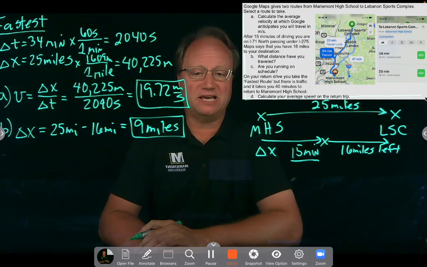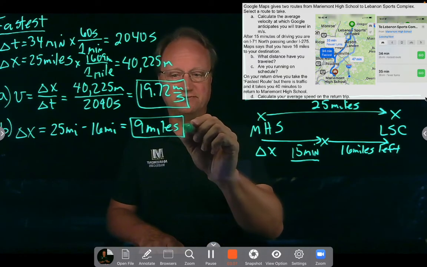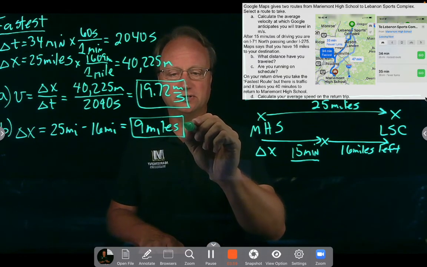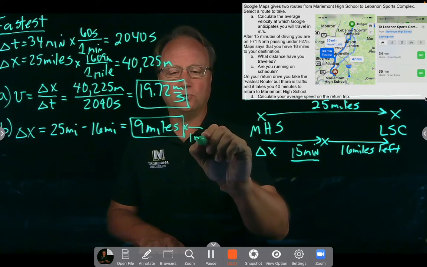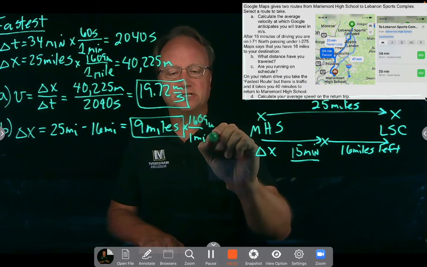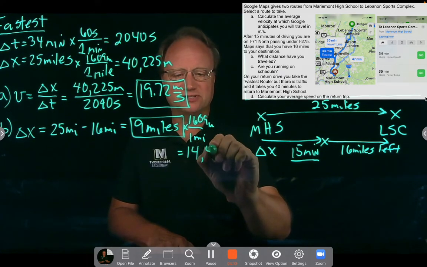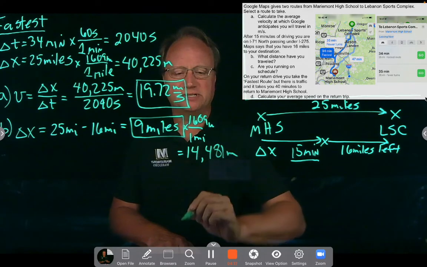So if I'm going to do that, first thing I'm going to do is convert this 9 miles over. Again, 1 mile, 1609 meters. So that gives us 9 miles is 14,481 meters.